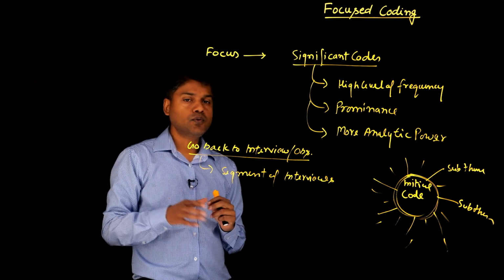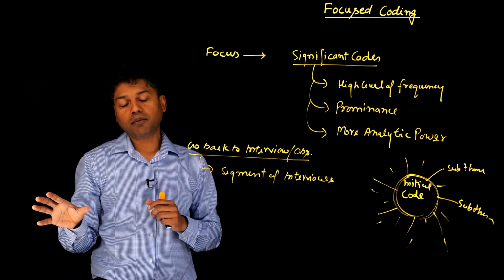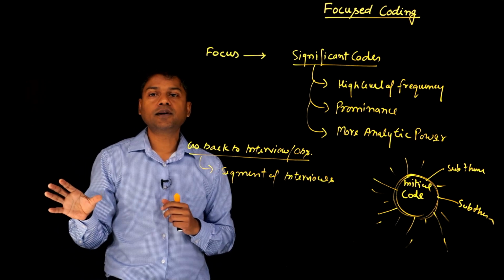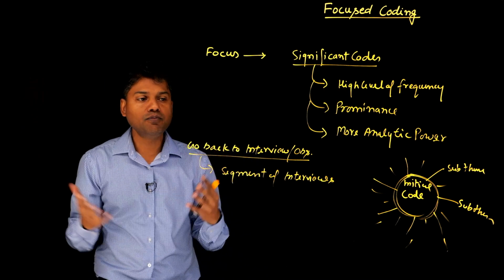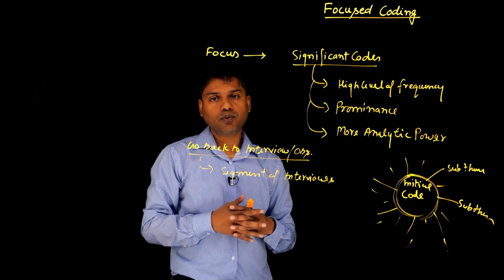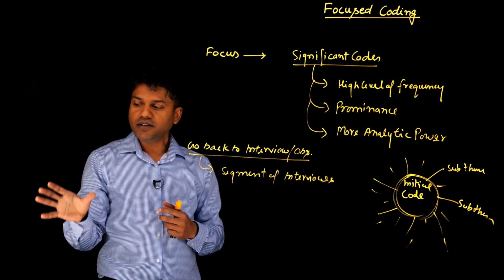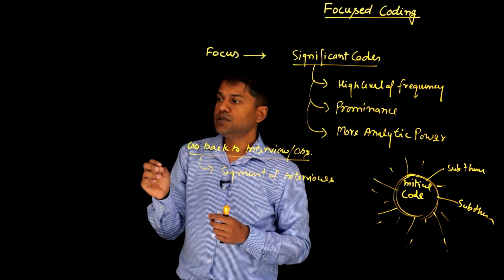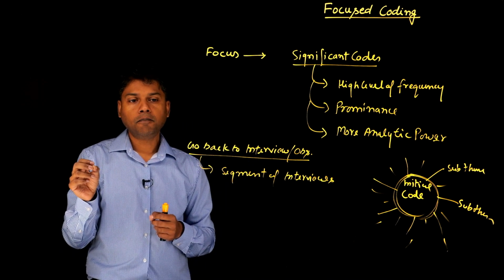Let's recap it again. What we do in focused coding is we have the initial codes that we may have got from the open coding. And as you know, initial coding always produces a larger number of codes. So maybe in one study, you may have 30 codes or 25 codes, 40 codes. And then you look at all these initial codes and ask yourself, what are the codes that have more power to explain the phenomenon?